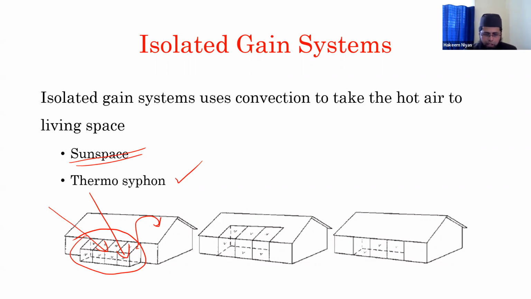So these are the multiple configurations available, depending on the heat requirement. Whenever you need a less amount of heat, you can go for this configuration. When you want a moderate amount of heat, you can go for this configuration. When you want more heat, when it is very cold, you can go for this configuration.